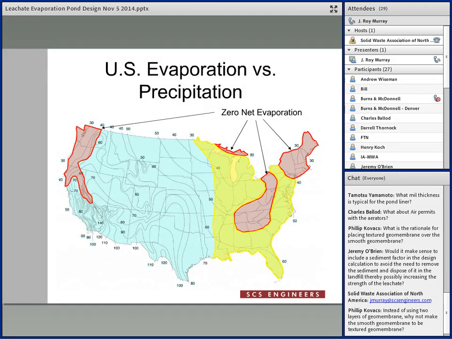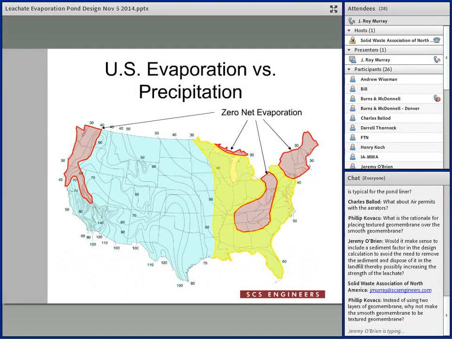At least for us, we felt more secure in having the 2 layers of geomembrane, with the top layer acting as protective cover or protection for that second geomembrane that's laying in contact with the soil liner or on top of the leak detection system.